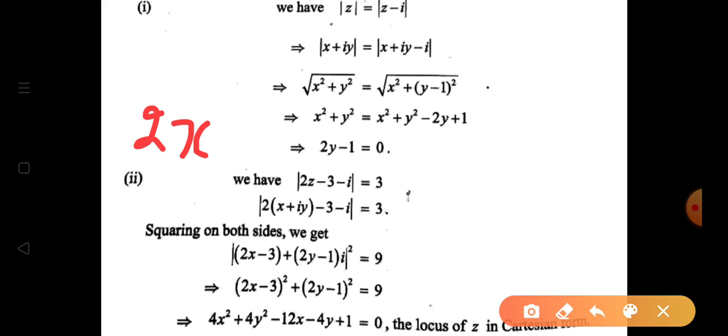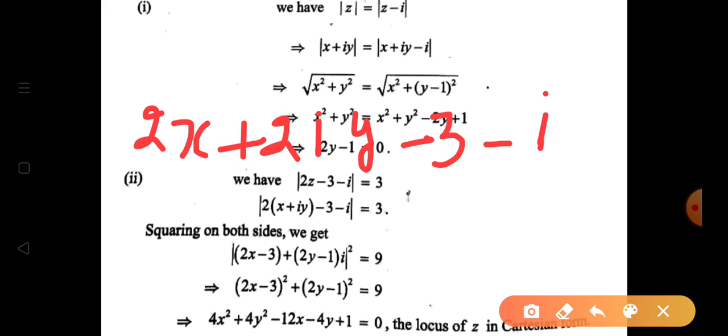So 2x plus 2iy minus 3 minus I. We group the real part and the imaginary parts. Here we have two real parts and two imaginary parts. The two real parts, that is 2x minus 3, we group. Then plus I into the two imaginary parts, 2iy minus I. We take out the common factor I, so the imaginary part is 2y minus 1.